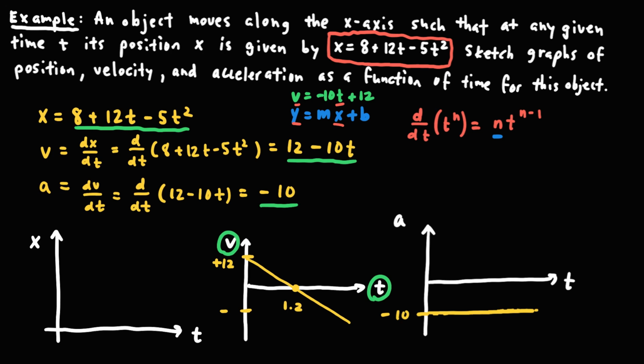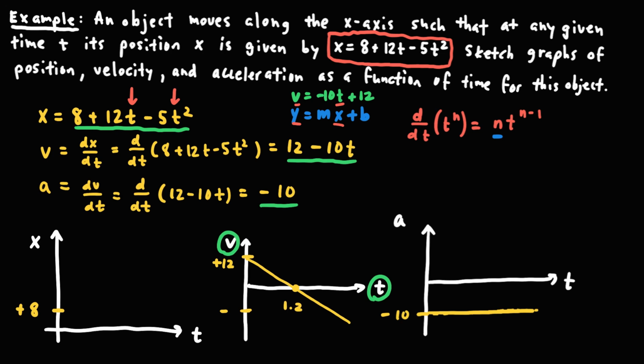And when I plug in t equals 0 into the position equation, I realize that both of those terms are going to drop out, and the only thing that will remain is the constant, the 8. And 8 is positive, and so my graph needs to start off at positive 8 at t equals 0.